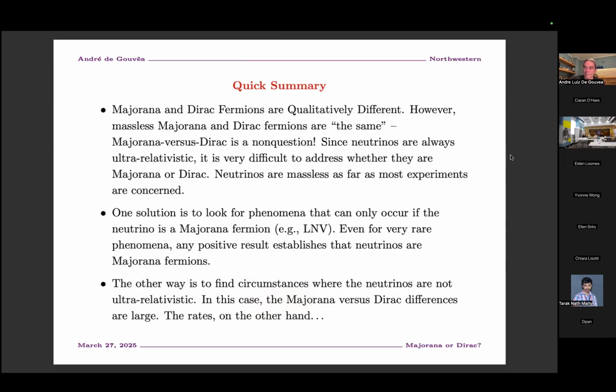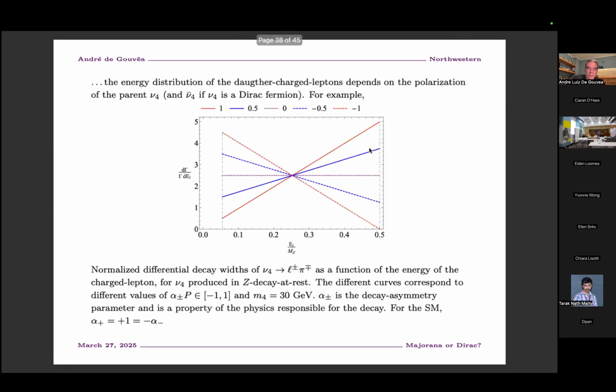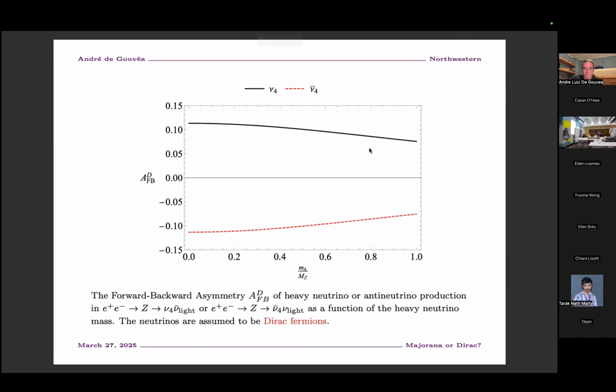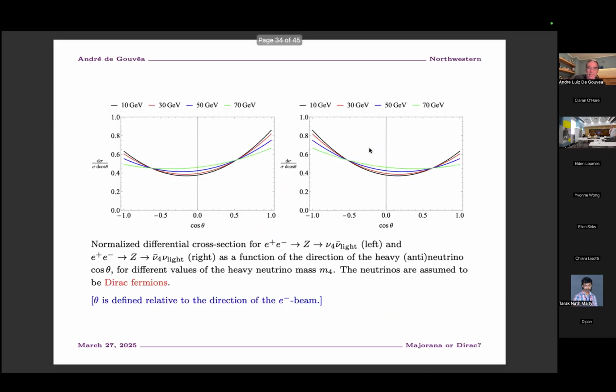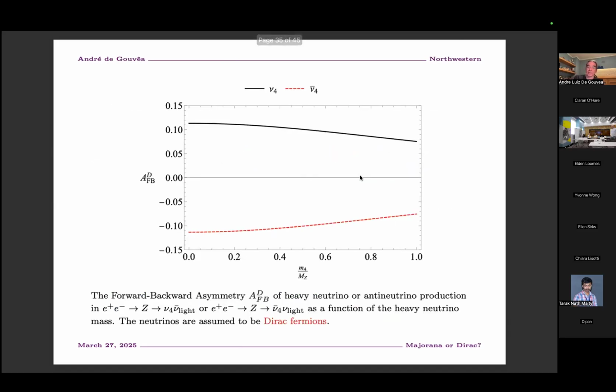So maybe I start us off. Can you go back to when you discussed the Z boson decay to the heavy neutrinos? To what range of masses are you sensitive there? Here's one example of an observable that you can compute. That's actually famous for e+e- machines.